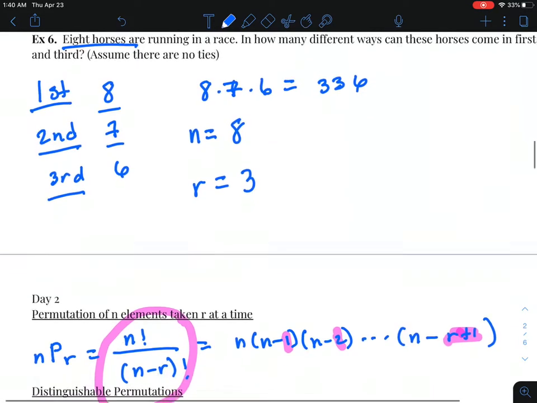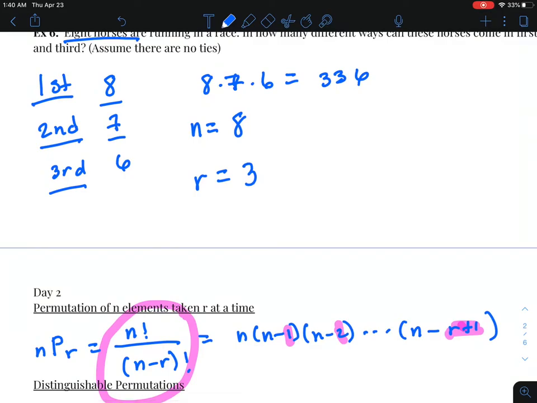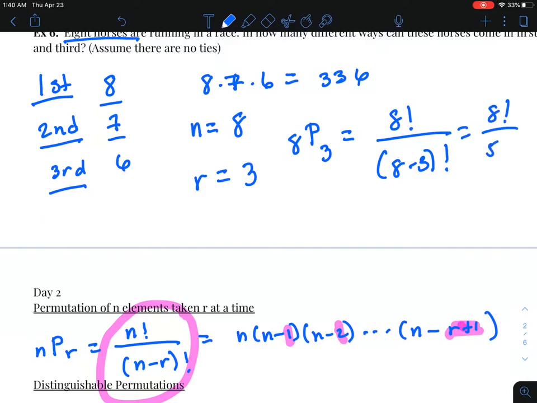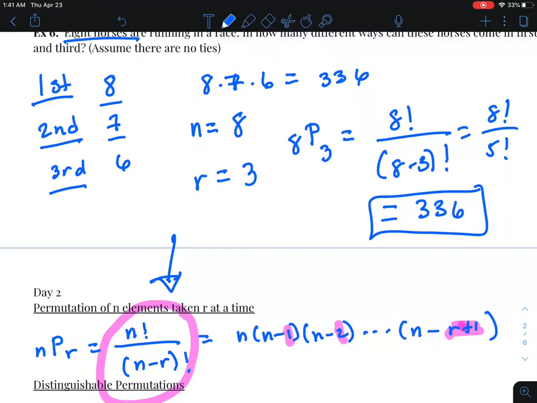In other words, we are permuting 8 elements taking 3 of them. So that's just 8 factorial over 8 minus 3 factorial, which is 8 factorial over 5 factorial, which equals 336. As you get into more difficult problems, you're going to end up using this formula.